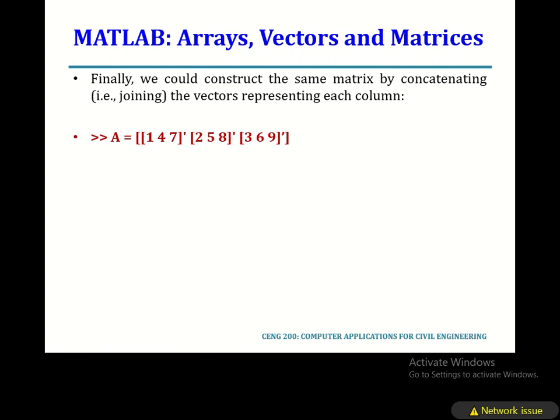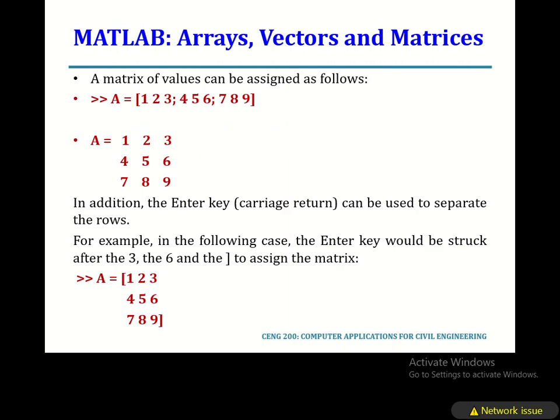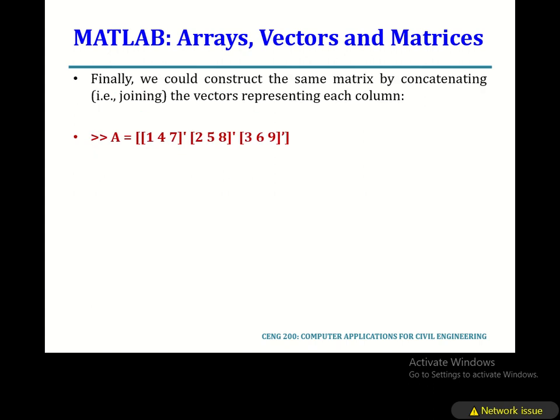No, they are not in order because I am using the transpose. That's why I said you have to be careful with it. When I was assigning like this, it was 1, 2, 3, 4, 5, 6, 7, 8, very easy. Here, take the first row, then transpose. Take the second row, then transpose. Then the third row, then transpose. That can be confusing.